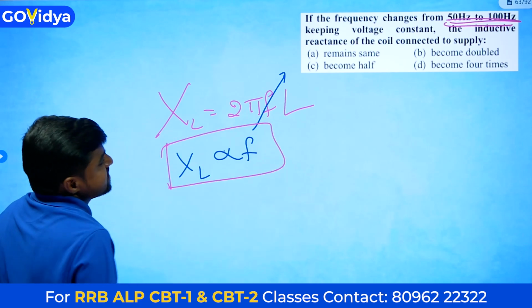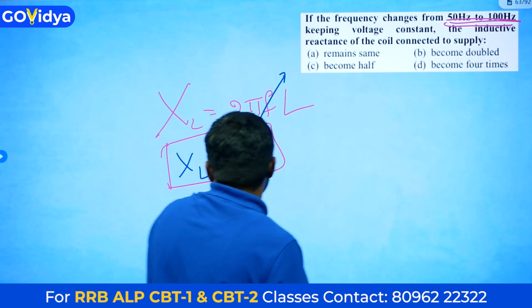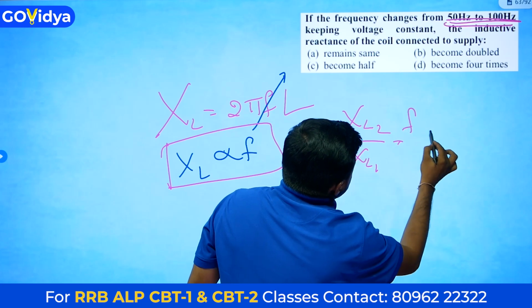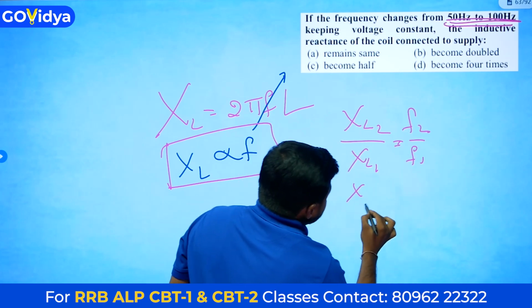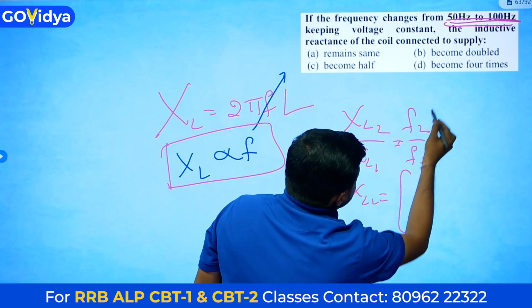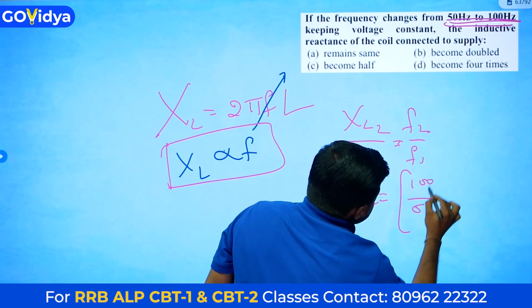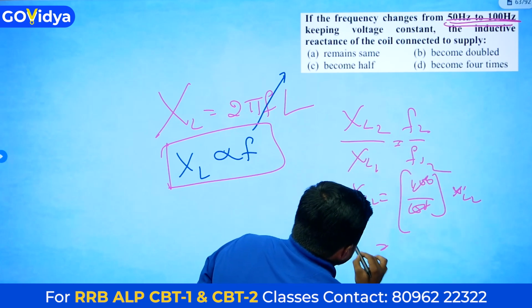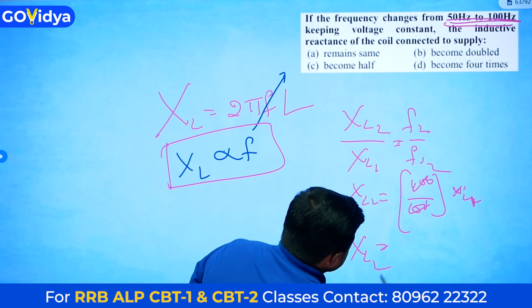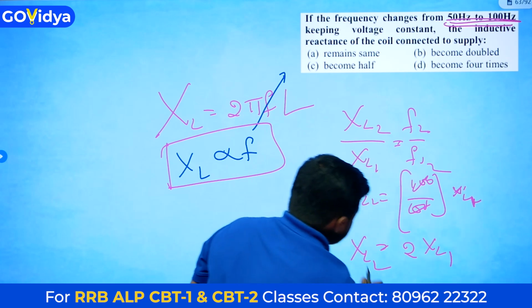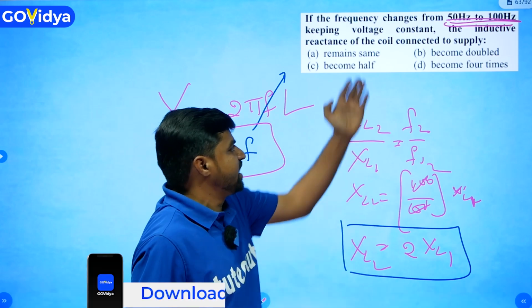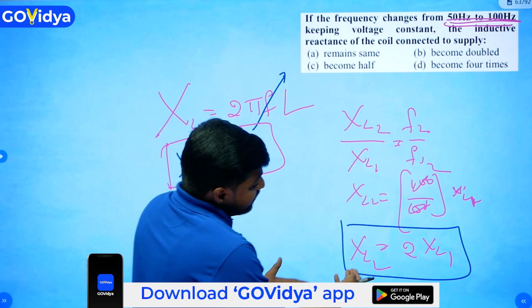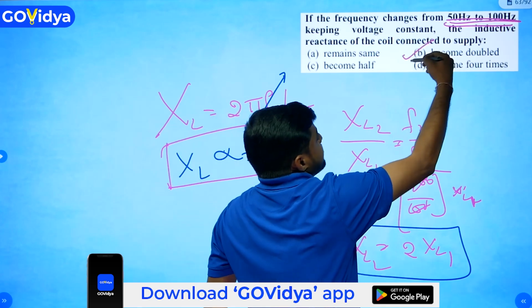XL2 by XL1 is equal to F2 by F1, which is 100 by 50, so XL2 is equal to 2 times XL1. It will become double, so option B is the correct answer.